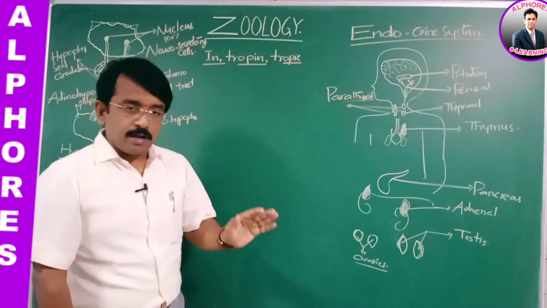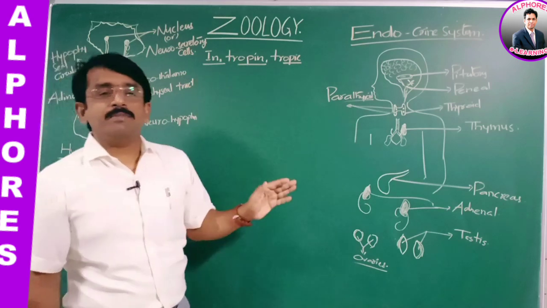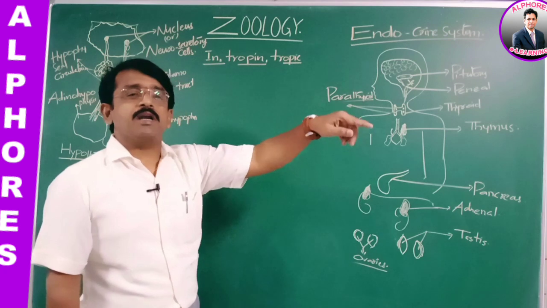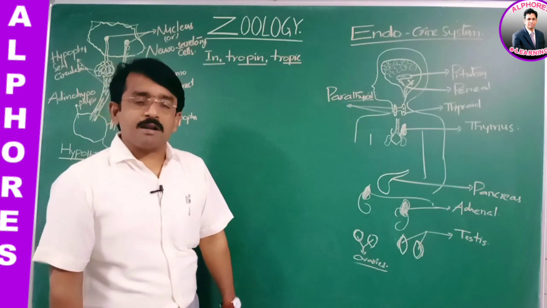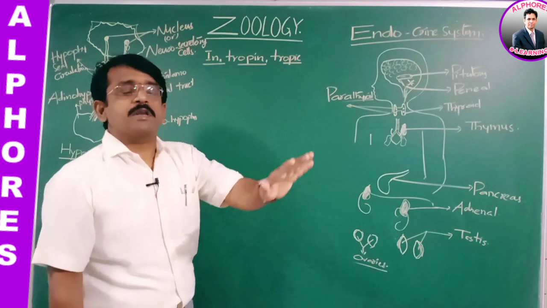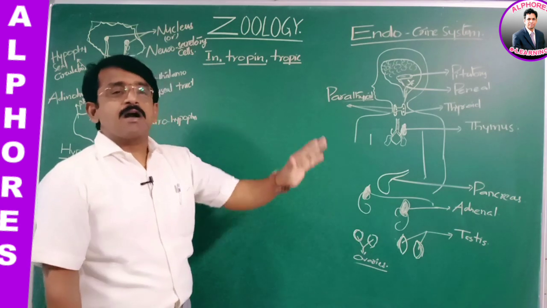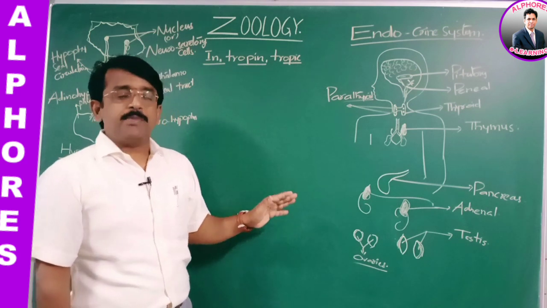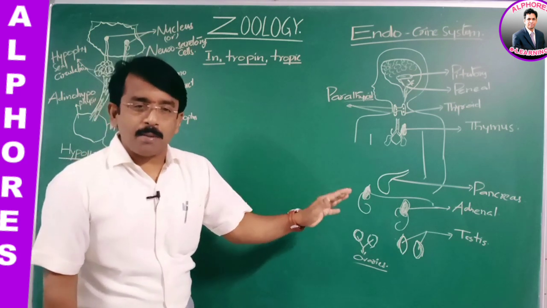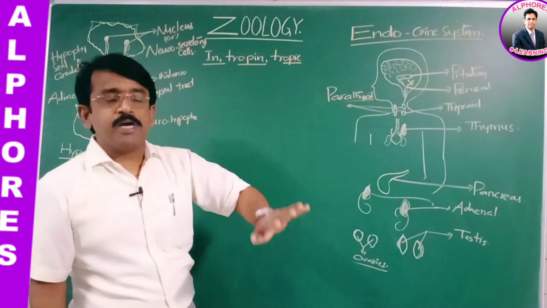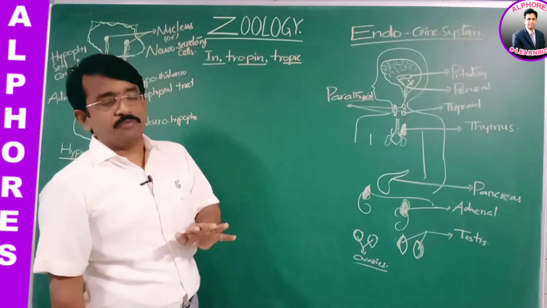Is it clear? So the tropic term implies the hormones which influence the other gland to secrete their respective hormones. This is what we discussed in the previous class, and the classification of the hormones based on their chemical nature, whether they are amine hormones or else peptide, proteinoid and steroid hormones.